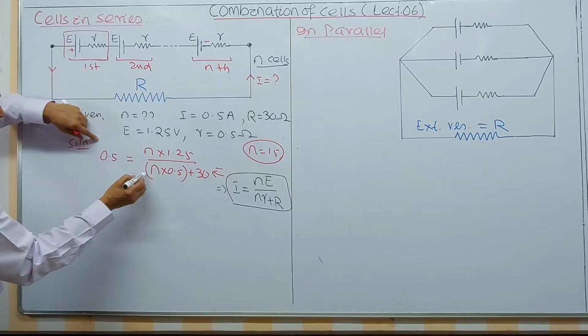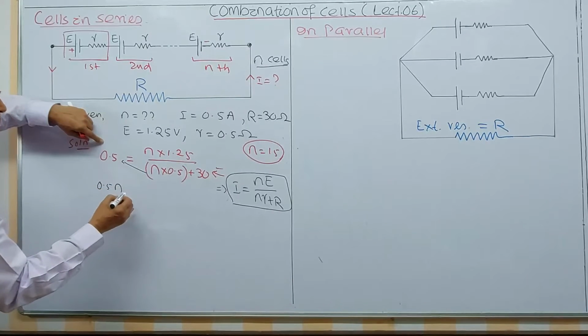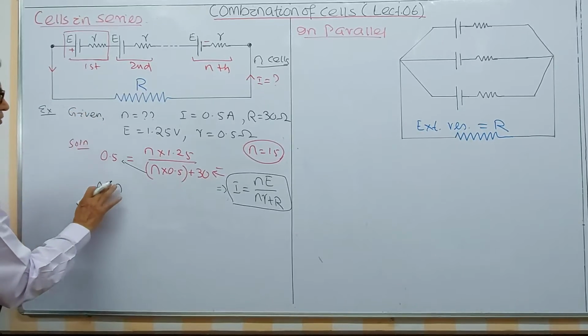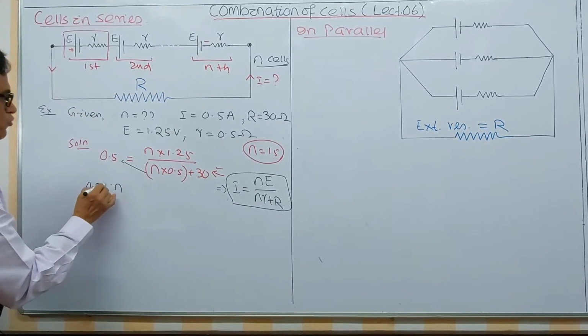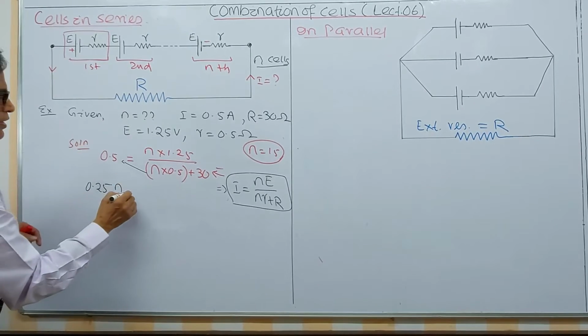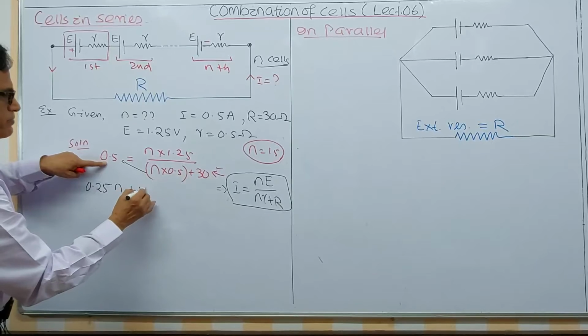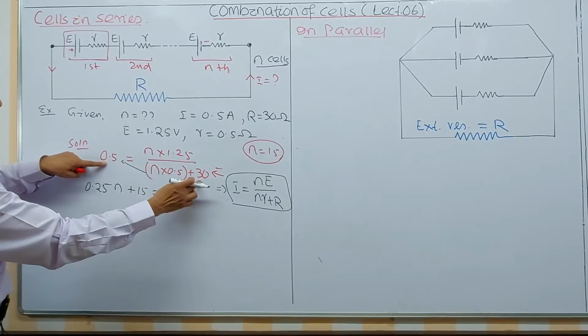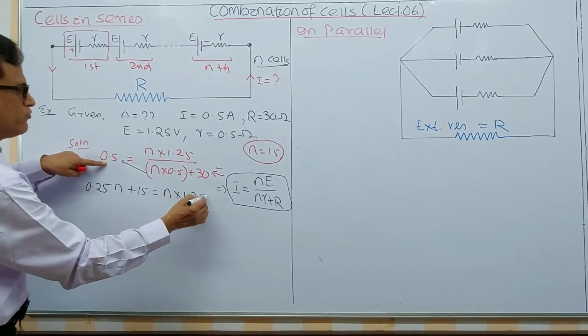You can do the cross multiplication here. So 0.5 N, 0.5 into 0.5, 0.25, plus 0.5 into 30, that is 15. I have taken cross multiplication here, equal to N into 1.25.